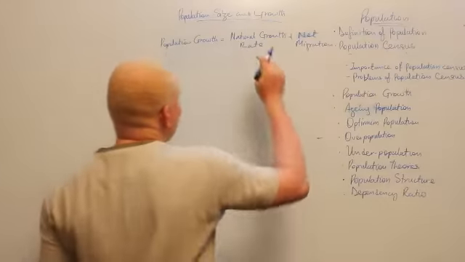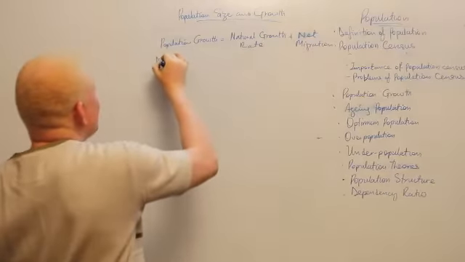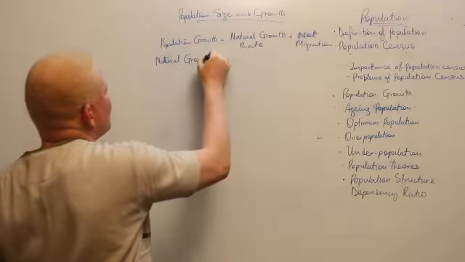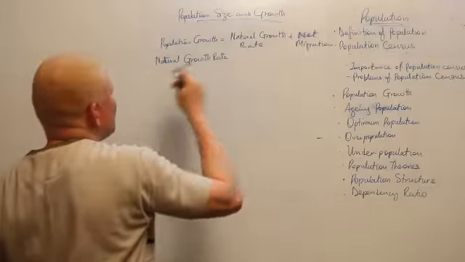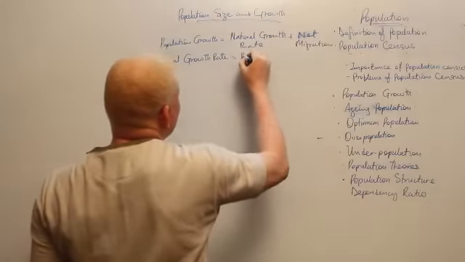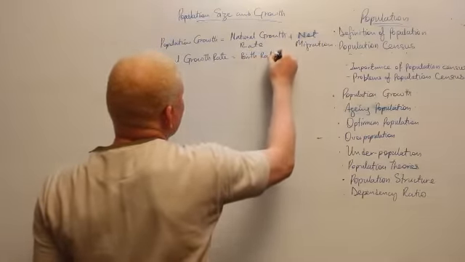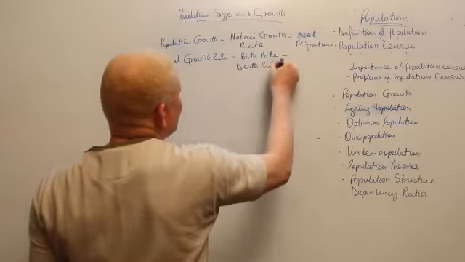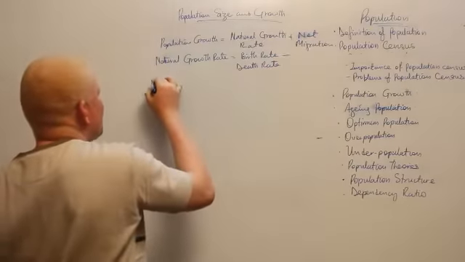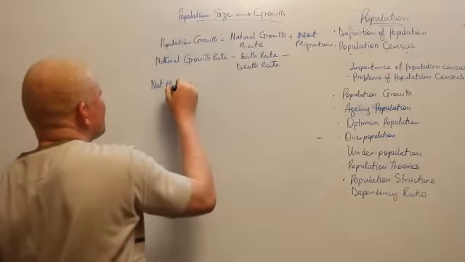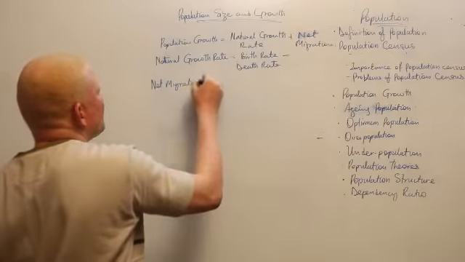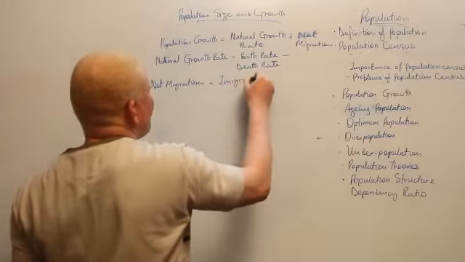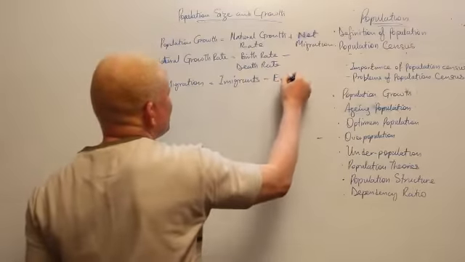Now, natural growth rate is equal to birth rate less death rate, while net migration is equal to number of immigrants minus emigrants.